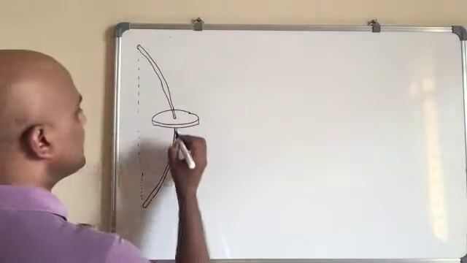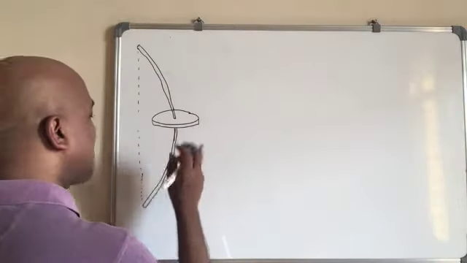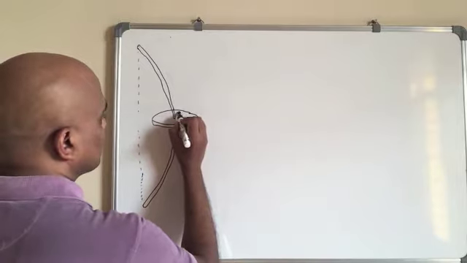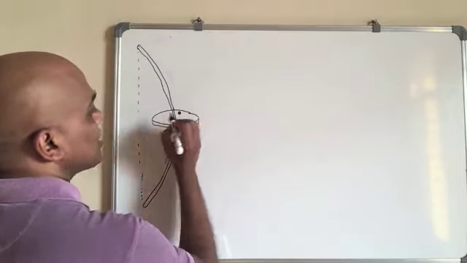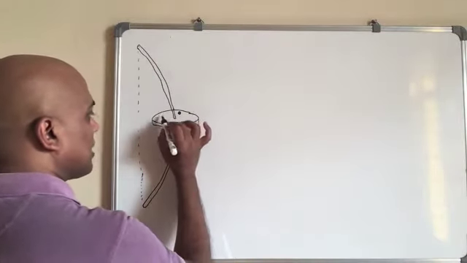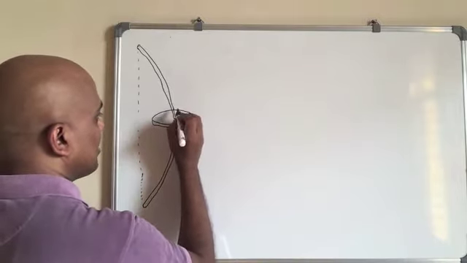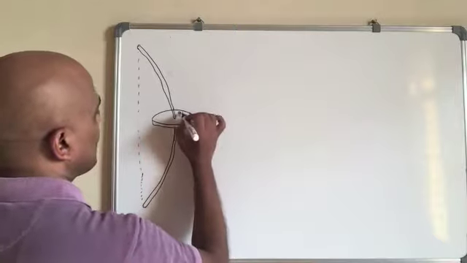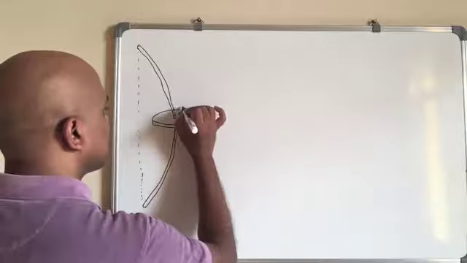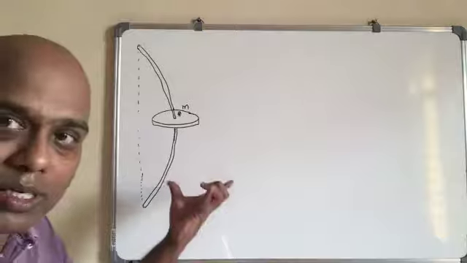Now we will assume that there is some imbalance, meaning that there is some unbalanced mass here, or you can say the center of mass of this rotor is here. So we assume the mass is m, which is the same, and the center of mass is here for the rotor.